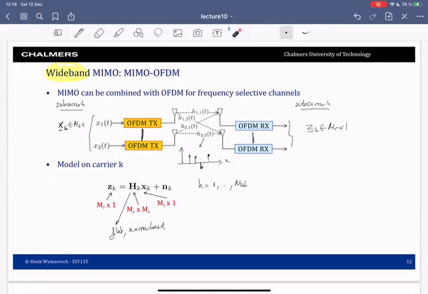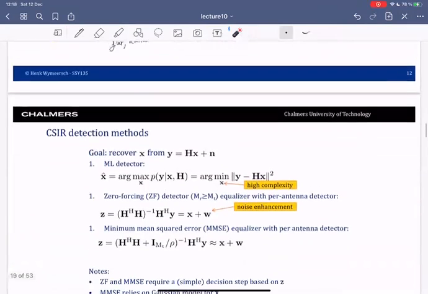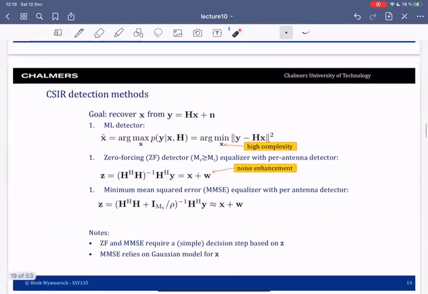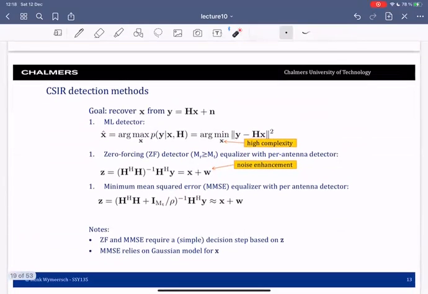This means whatever we learn for narrowband MIMO, we can easily extend to the wideband MIMO case. As I said, the idea of MIMO breaks down into two parts. One is when the channel state information is only available at the receiver, and later we will see what happens when the channel state information is also available at the transmitter.